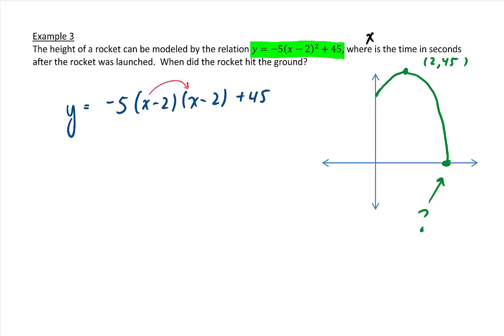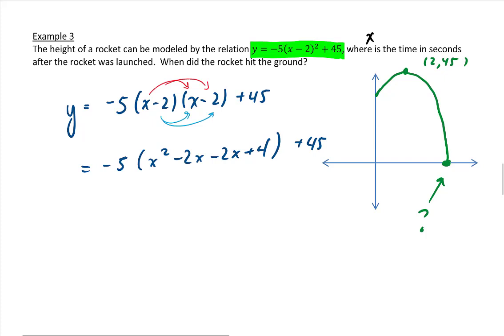We're going to expand the x into the bracket, expand the negative 2 into the same bracket, and we get negative 5 times x squared minus 2x plus 4, and then we have the plus 45 outside the bracket. Next line we get negative 5 times x squared minus 4x plus 4 if we collect like terms.